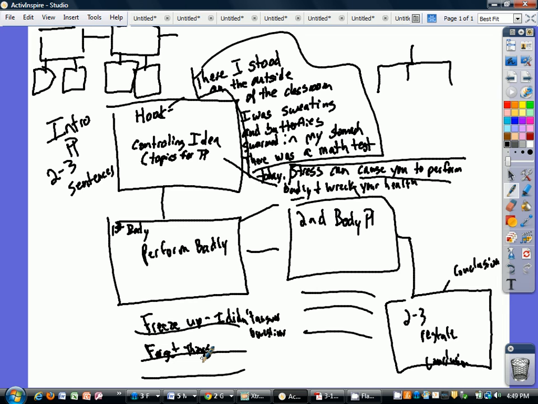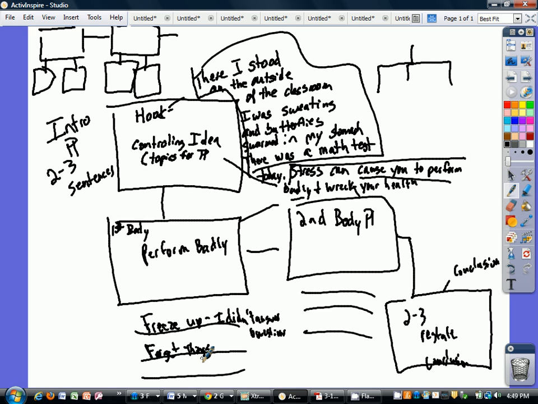Not only did I freeze up, but once I started to remember things, I forgot stupid little things. I knew that formula, but I forgot what it was a formula for. I forgot how to use it. Is this volume or is this square feet? I don't know. I can't remember the two. So those are things you could have there, and you would go on and have 3 or 4.